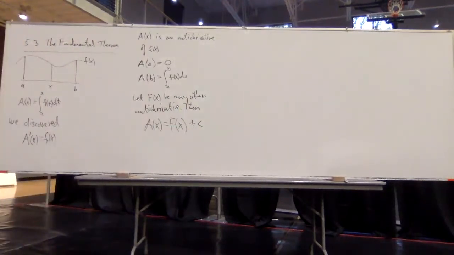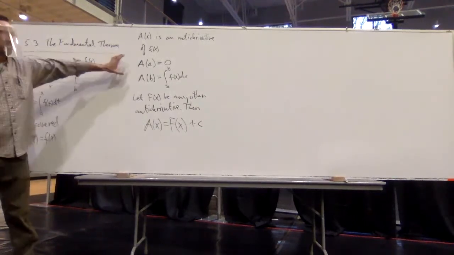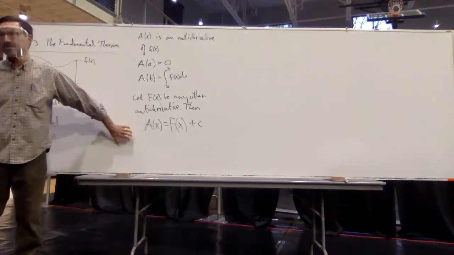All antiderivatives for the same function differ by a constant. Right? Because when we take a derivative, we lose that constant. Its derivative is 0. Okay, does that make sense to you? Now let's use what we know. Let's plug in x equals a. This is true for all x.